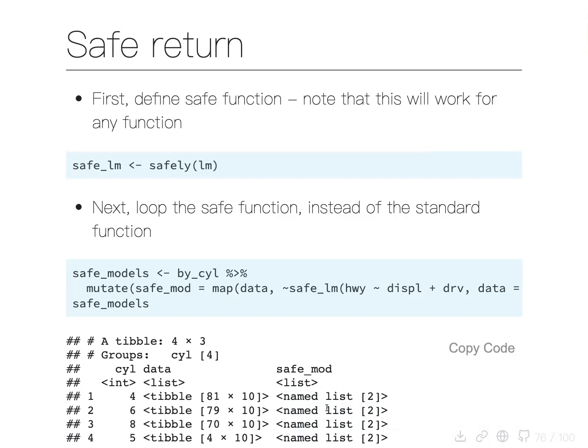If it can do that, it will put the results in a results object in the list. So it will always return a list of length 2. One will be the results, and if it can't do that, then it will return the error message that was supplied. So for each of these, one of the elements is null. Either the results are null or the error message is null.